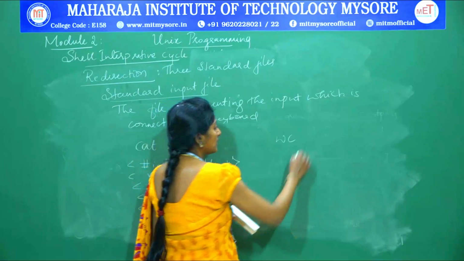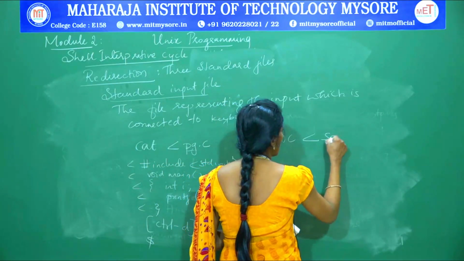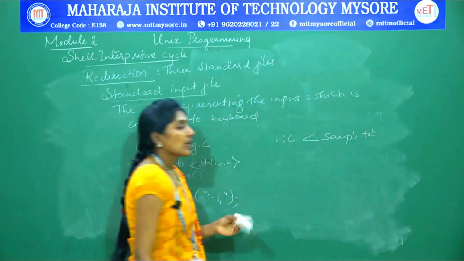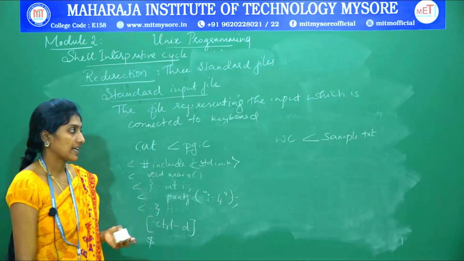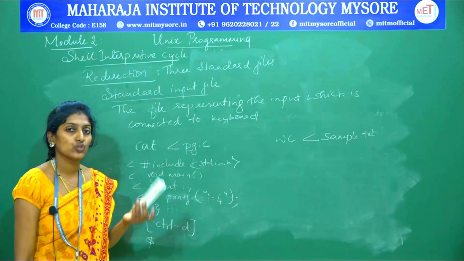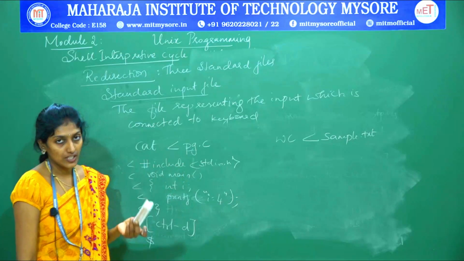Next, likewise, let me consider one more example, wc with less than sample.txt. After executing this command, it will prompt the user to enter the input for the file sample.txt.